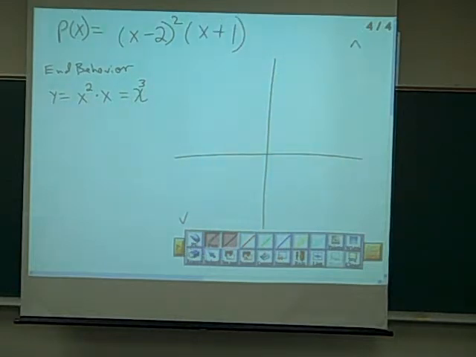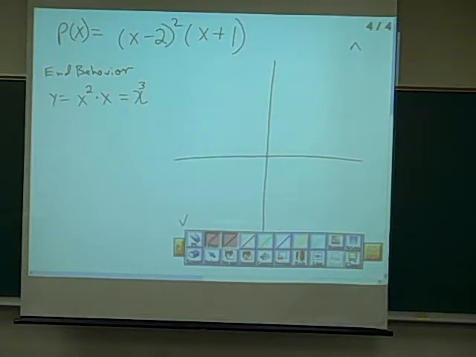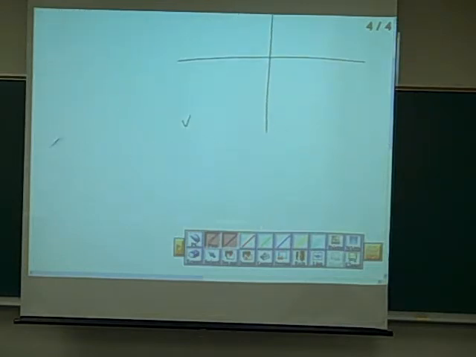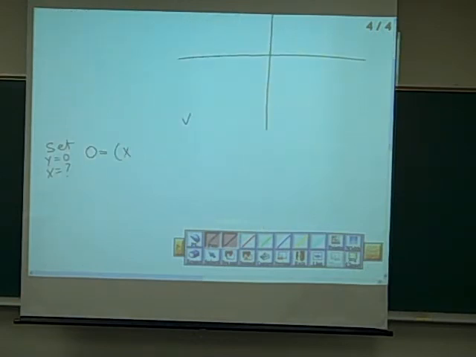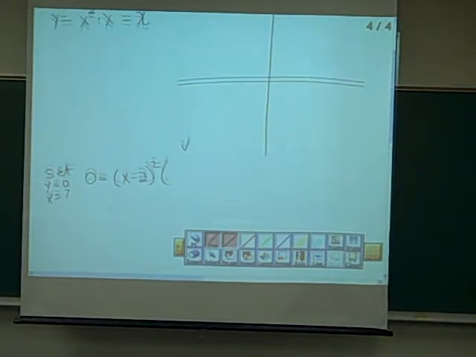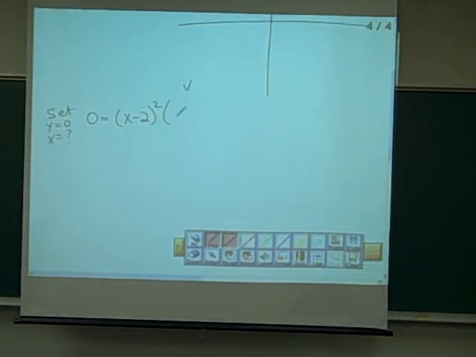And we're going to go ahead and find our x-intercepts. So we're going to set y equals 0, solve for x. Okay, so that'll be 0, and we're going to put in there our x minus 2 parentheses squared. And the other one is x plus 1.